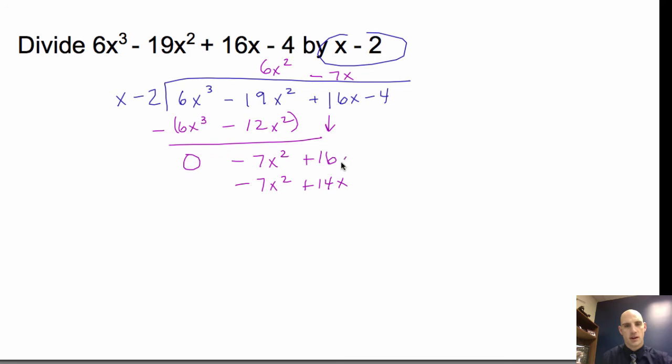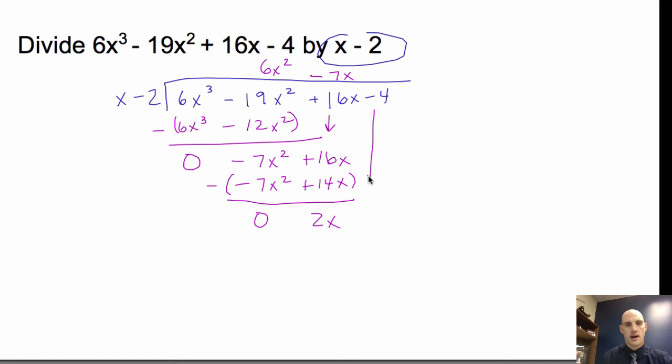And I just realized I forgot to bring down my x with my 16. Again, I subtract. This should look very familiar to regular long division. When I subtract minus 7x squared minus a minus 7x squared, that will be plus, and so I get a 0. That's good. 16x minus 14x would be 2x.